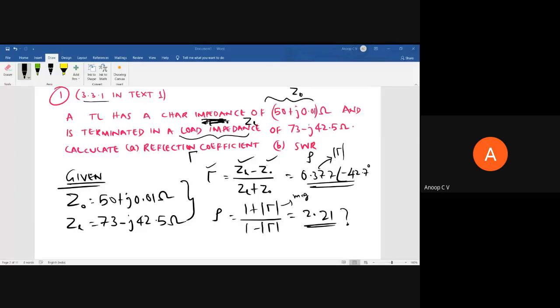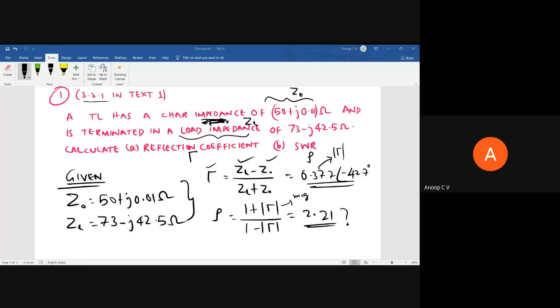You can take 0.377. When you are rounding off, in this case you round off up to 3 or 4 decimal places. If you are rounding off, please round off to 3 or 4 decimal places. So 2.19, 2.21, all are close.